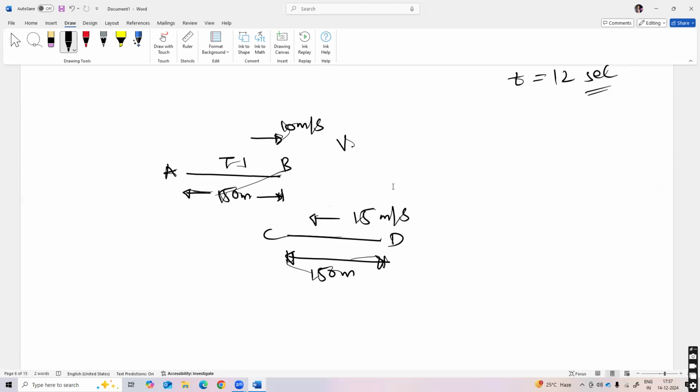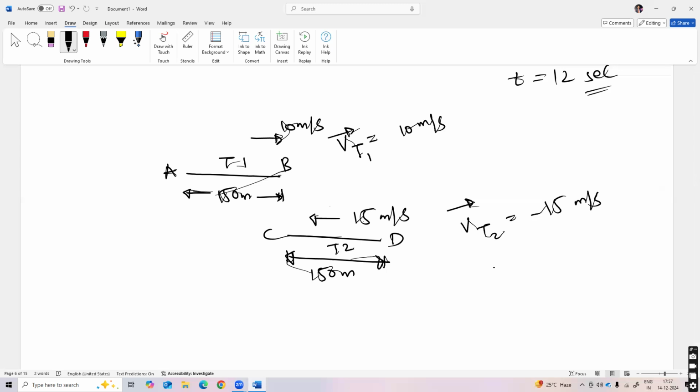Since we are considering the positive x direction as positive, the velocity of T1 is 10 meters per second, whereas CD is T2, so the velocity of T2 is minus 15 meters per second.